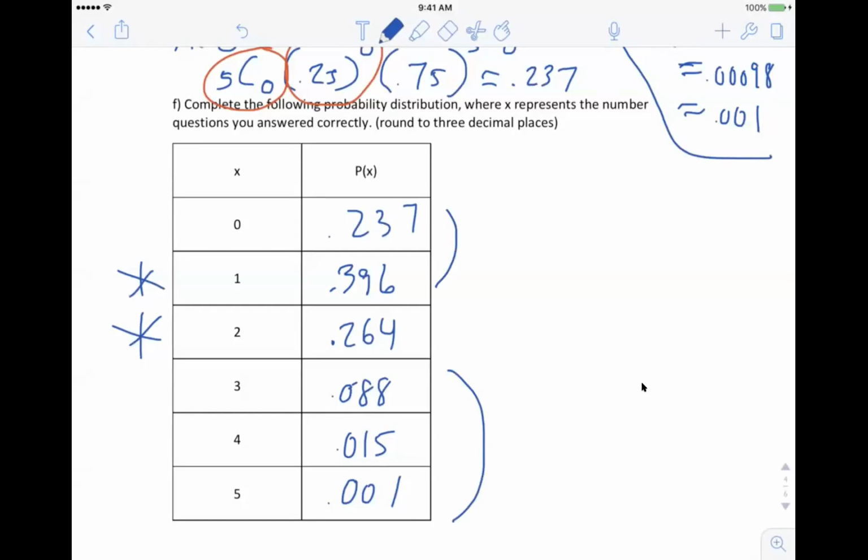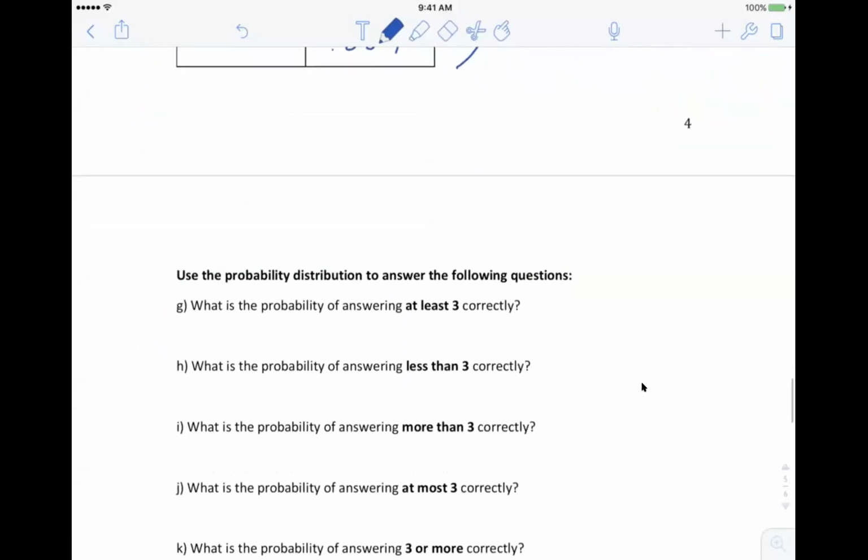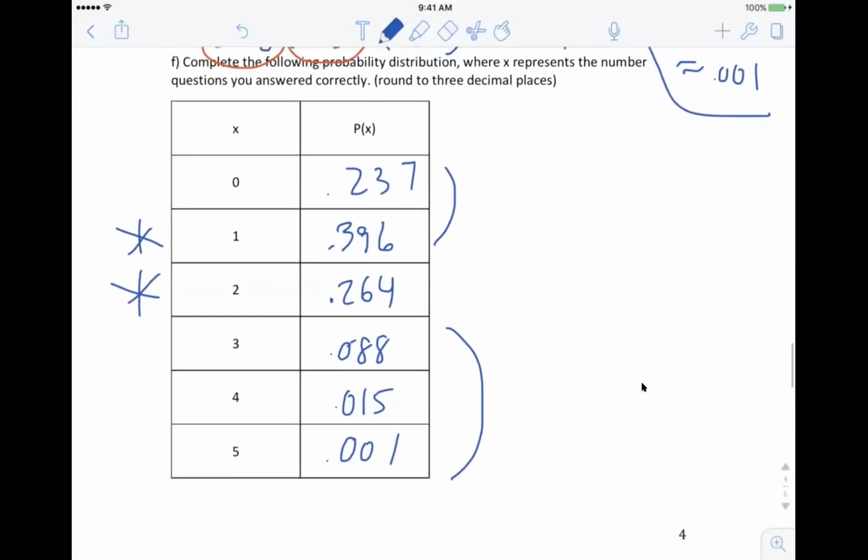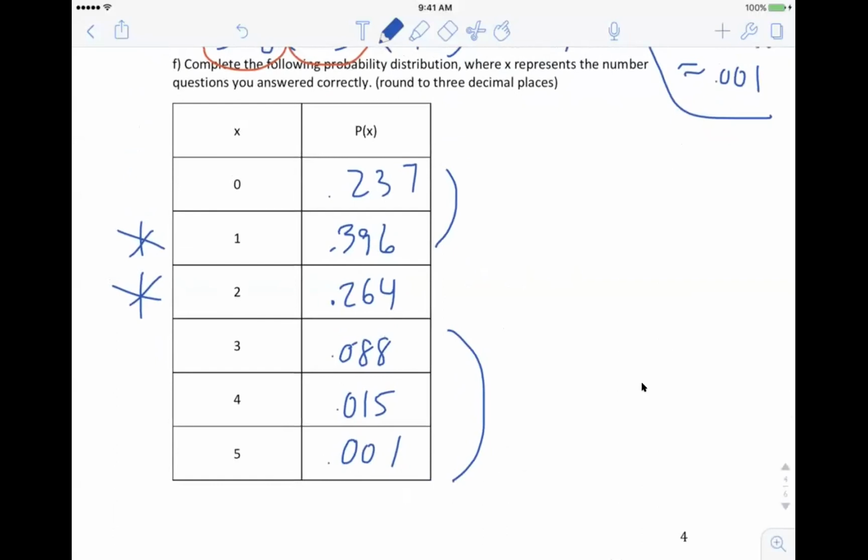So now you can find ranges in your questions once you have that probability distribution complete, and that's what's coming next. What's the probability of answering at least 3, etc.? Let me show you a couple of ways you can do that. Either you can add some of them together, or StatCrunch has that feature as well.